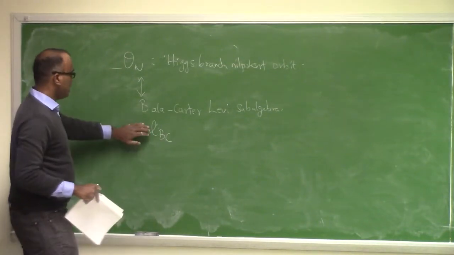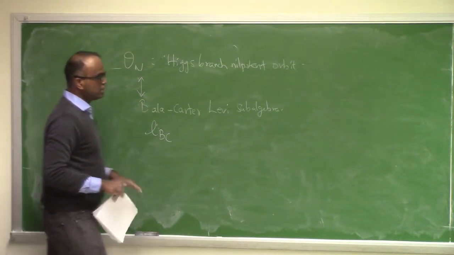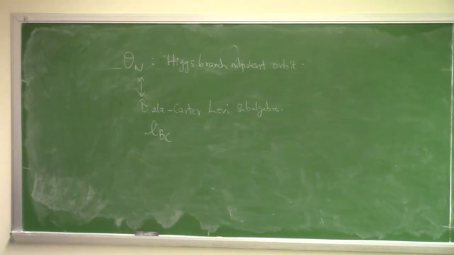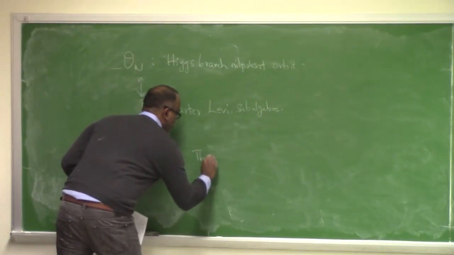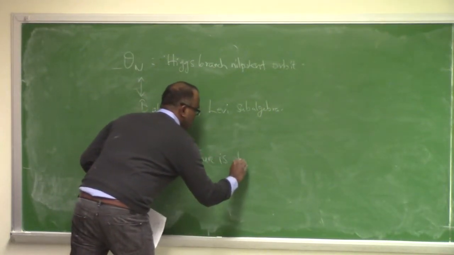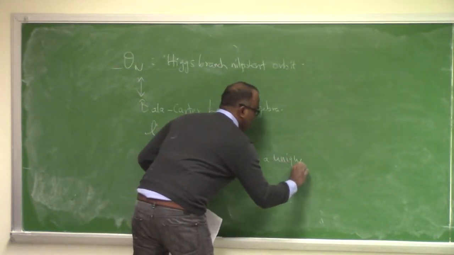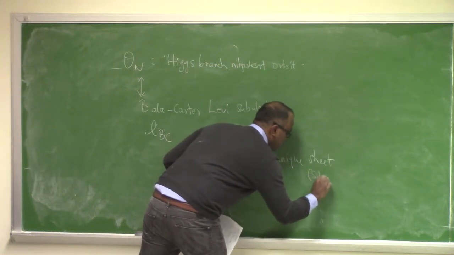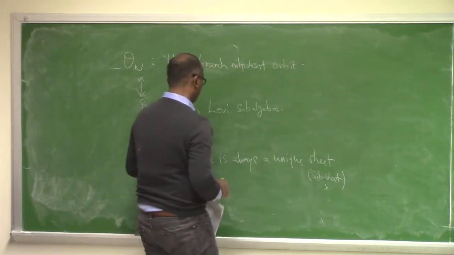Now you take the Bala-Carter-Levi corresponding to this nilpotent orbit, then you go and look at all the sheets attached to the Hitchin orbit. There's always a unique sheet. In some cases, it might be a subsheet, but let me ignore that for the moment.